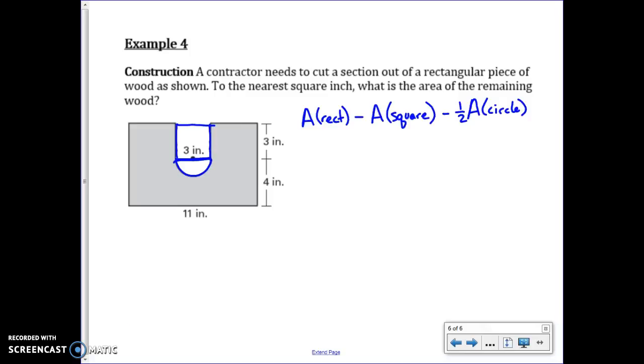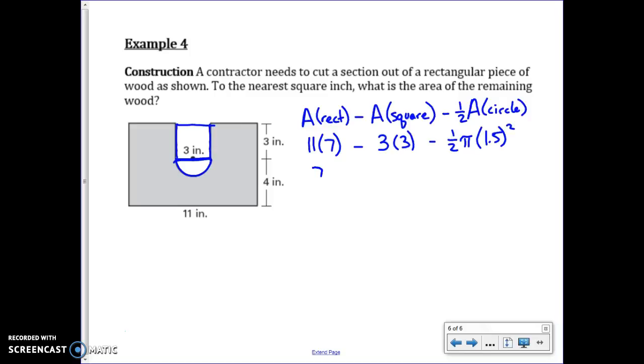First I'm going to find the area of the rectangle. I see that it is 11 by 7. And then the area of the square is 3 by 3, or 3 squared. And then I have half times pi. Now my radius here is not 3, it's actually 1.5 squared.